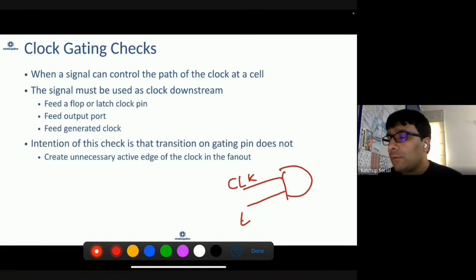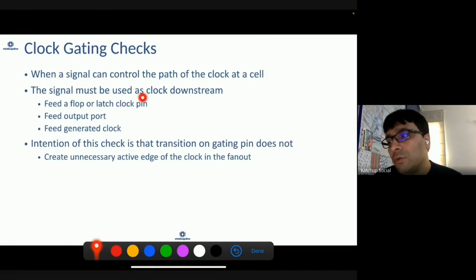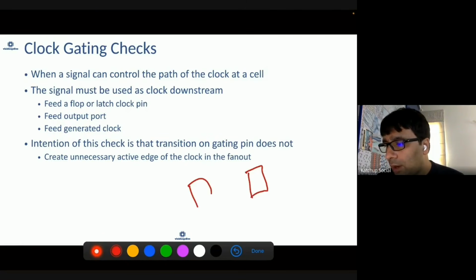In order for clock gating check to happen, the signal must be used as a clock downstream. What is the meaning of it being used as clock downstream? It should either feed a flop or a latch clock pin, or feed an output port, or feed a generated clock. So for example, let's say you have an AND gate and it's feeding the clock pin of the flop.